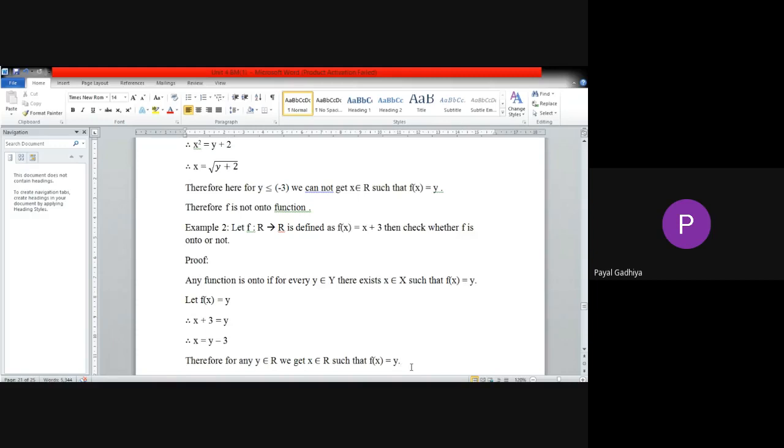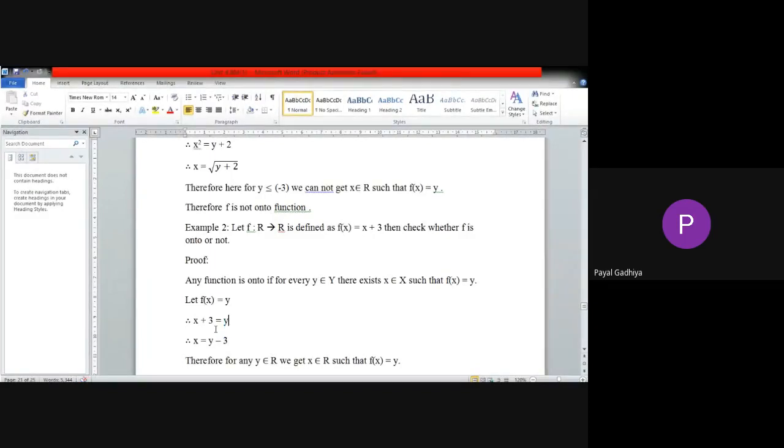Okay, one more time I am repeating this question. See, f(x) equals x plus 3 is given to us. Now I want to check whether it is onto or not. So I will start with f(x) equals y. Now f(x) equals x plus 3, so here I have written x plus 3 equals y. Then I want to check that for every y, does there exist x in R or not.